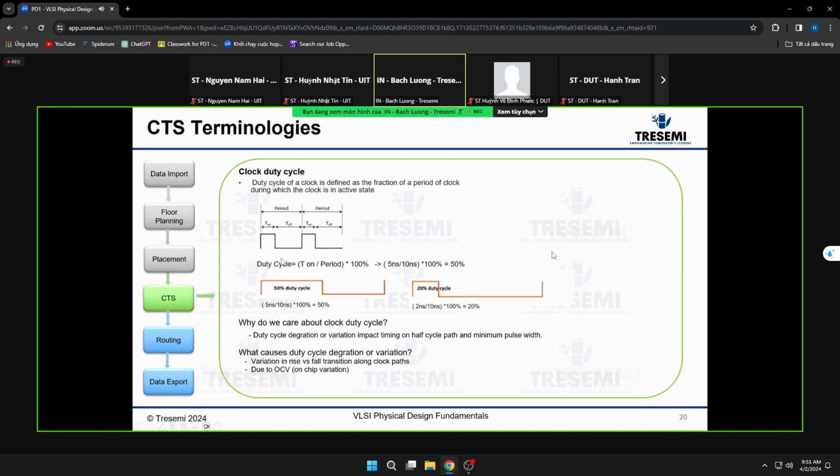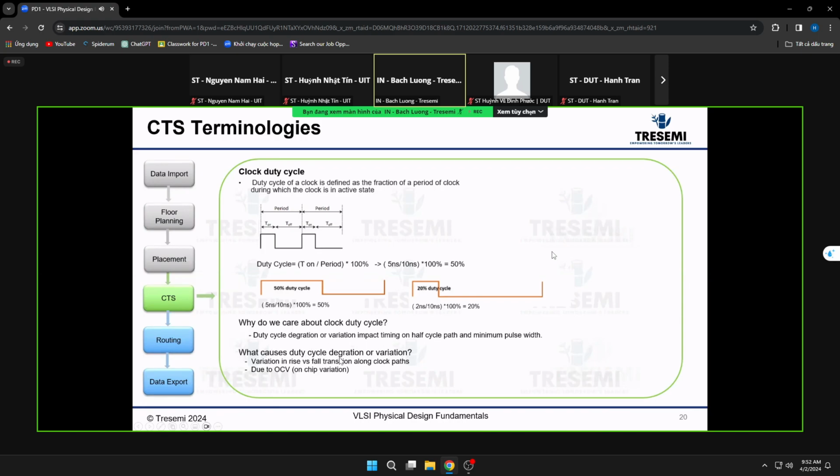That's why we talk about duty cycle. Preferably we want a 50% duty cycle in the clock, but that's not going to happen. In reality, you have the impact of OCV and also PMOS and NMOS not being equal, and rise and fall not equal, so it will get distorted.